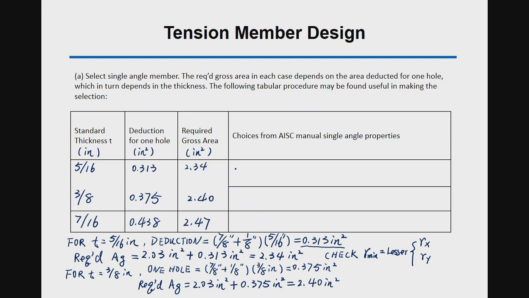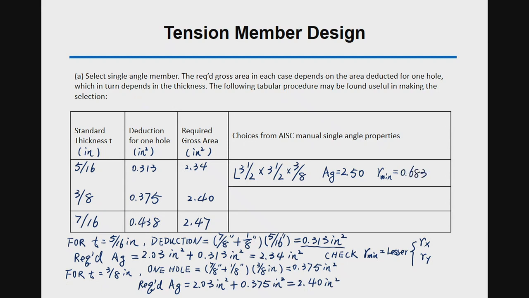Say, for example, there is a single angle 3-1/2 by 3-1/2 by 3/8, and this one has a gross sectional area of 2.50, and the minimum radius, which is the lesser of rx and ry, is 0.683.